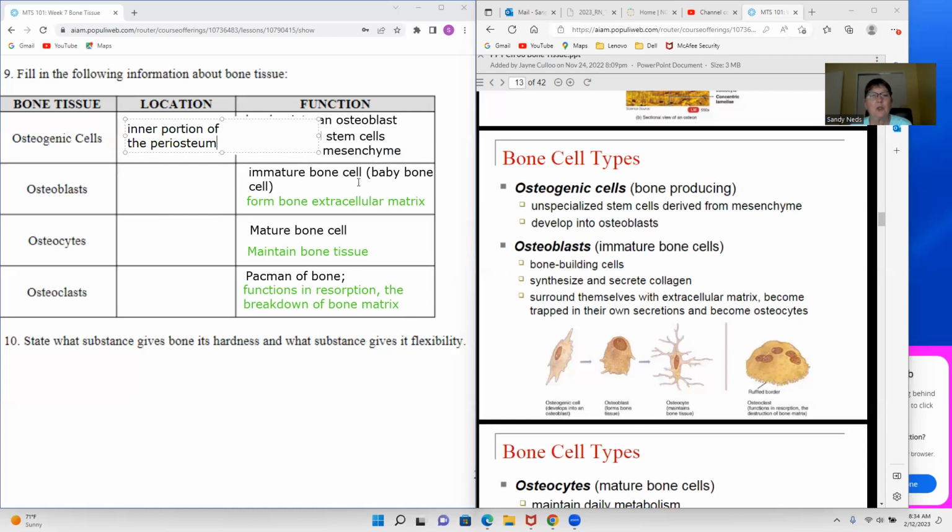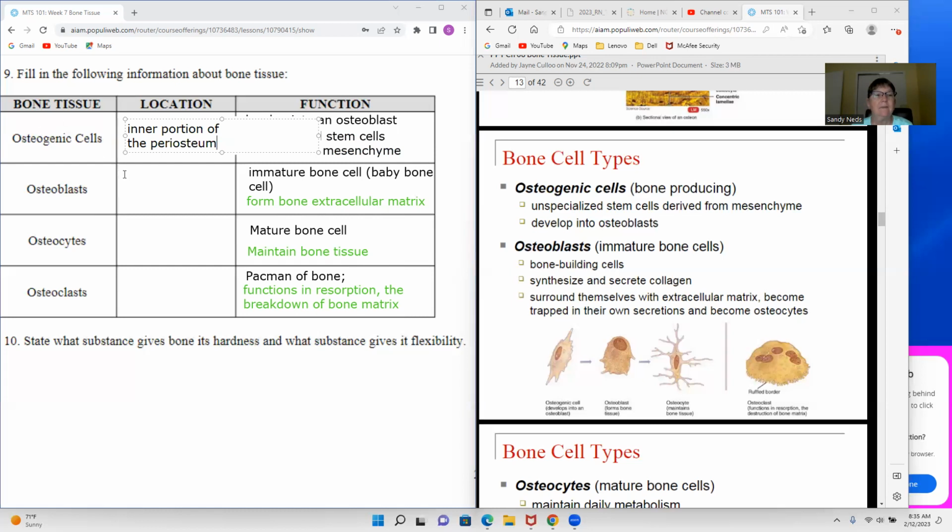We said that's an immature bone cell. I call it a baby bone cell. And it forms the bone extracellular matrix, meaning the collagen fibers and the matrix itself. So it is a bone building cell. It synthesizes and secretes collagen, meaning the extracellular matrix, and it surrounds themselves with that extracellular matrix because it's trapped in their own secretions and they mature into osteocytes.